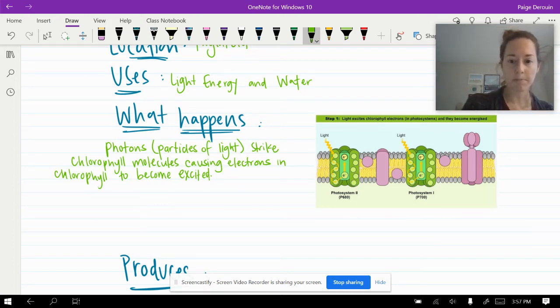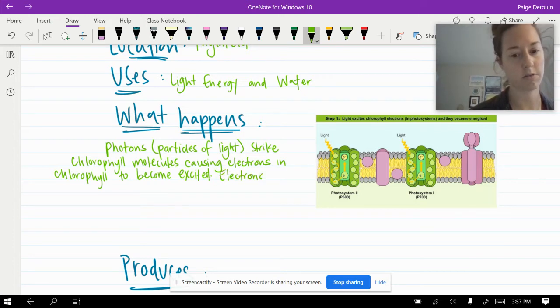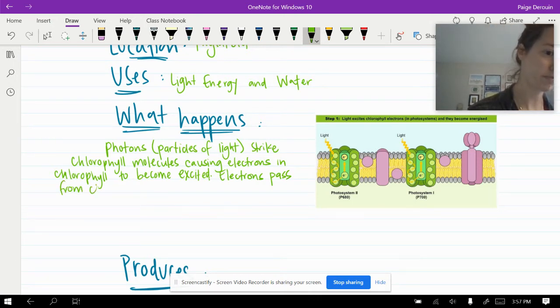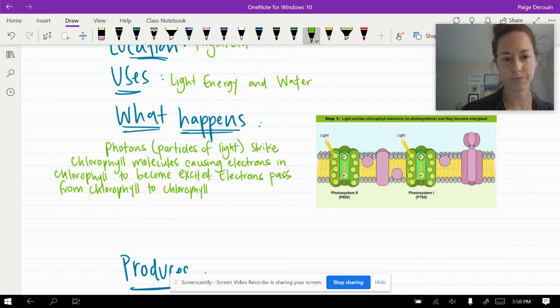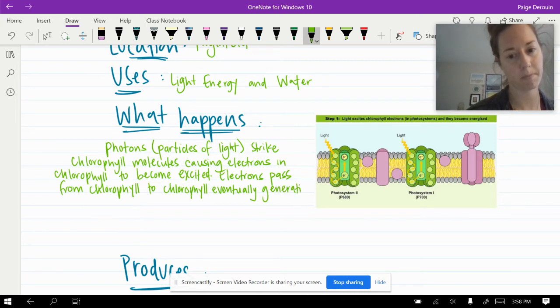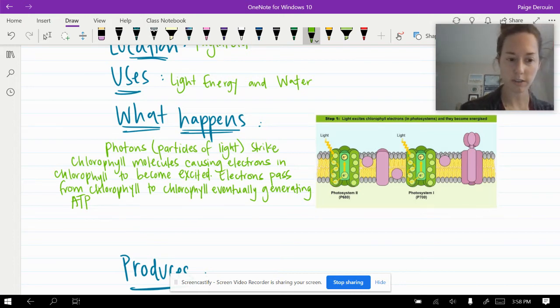So what happens is the electrons pass from chlorophyll to chlorophyll molecule, eventually generating ATP, which of course is energy.